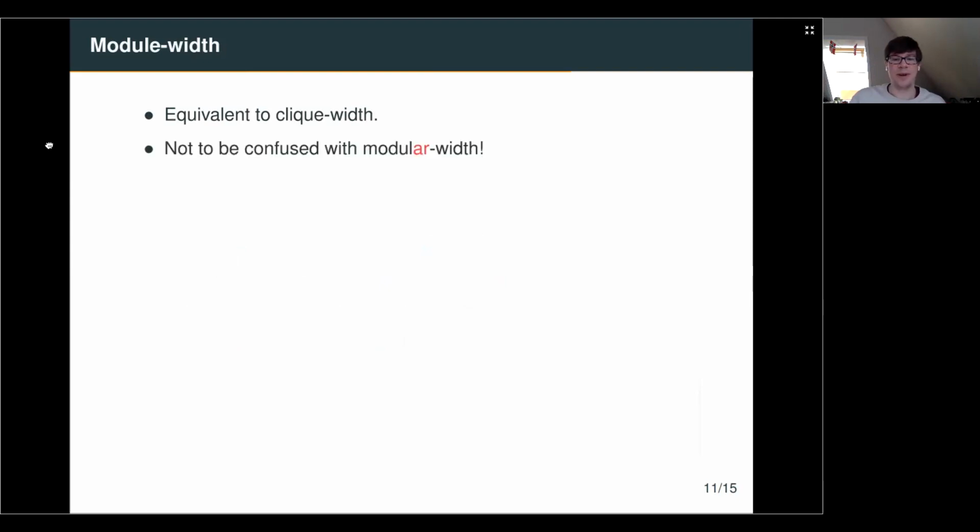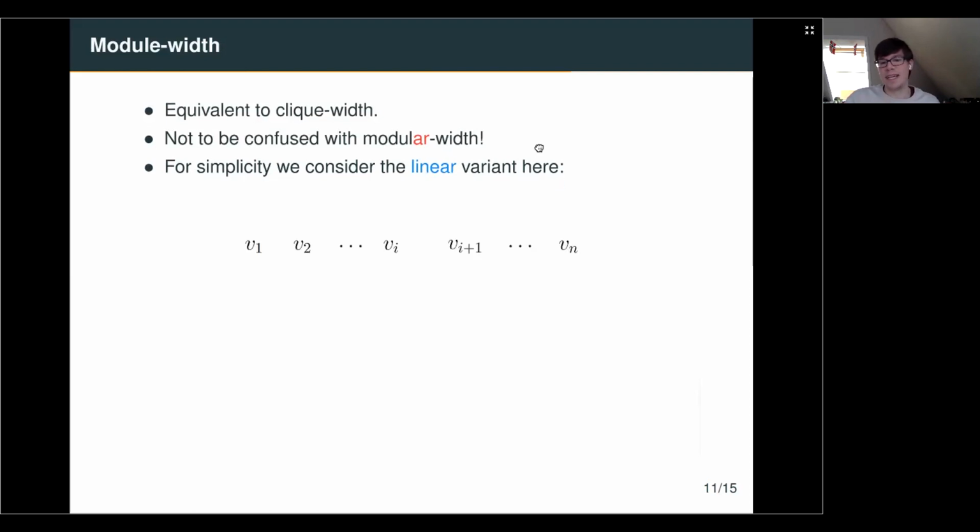And one thing before I continue is that it should not be confused with modular width, which is something else entirely. To explain the main ideas of the algorithm here, I will only consider the linear variant of module width because I will be able to communicate everything I want to, and it's not so technical.